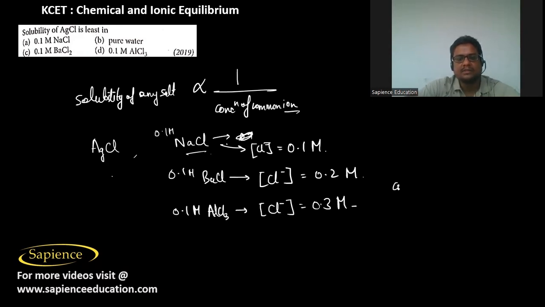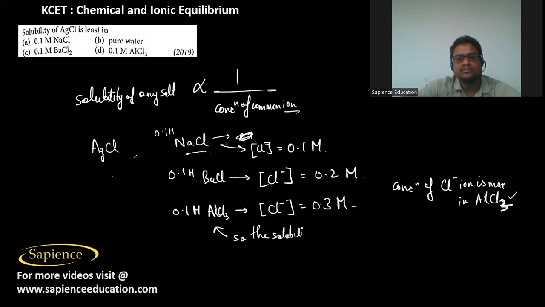So since the concentration of Cl minus ion is maximum in case of AlCl3, the solubility of AgCl in AlCl3 will be the least.